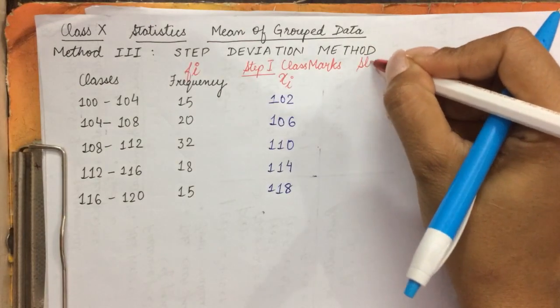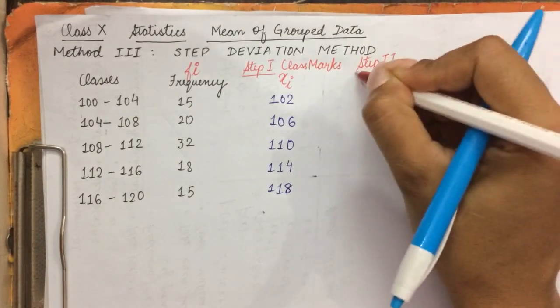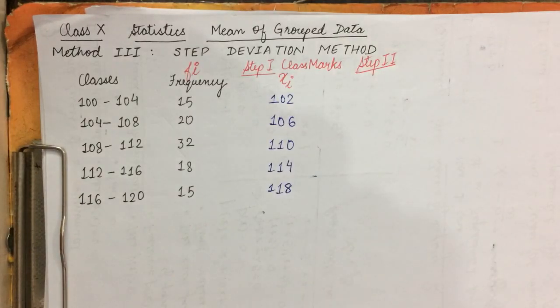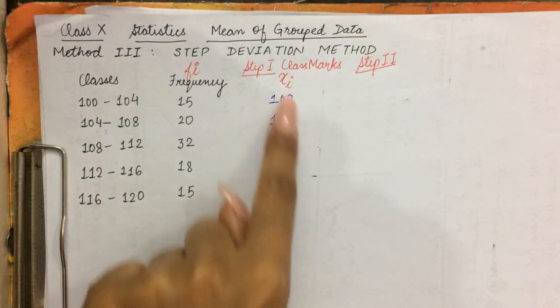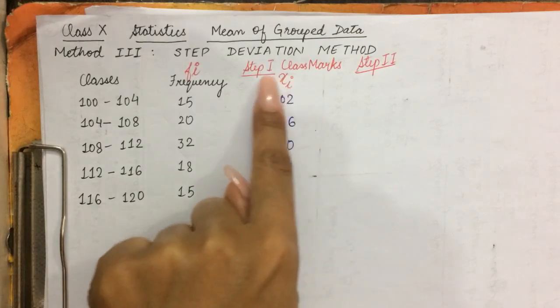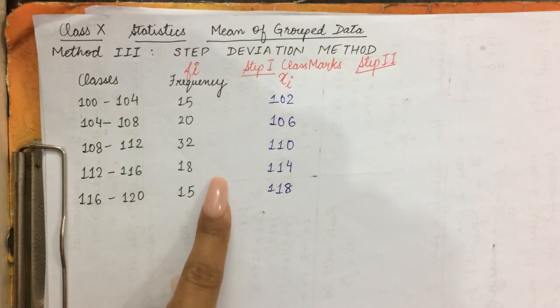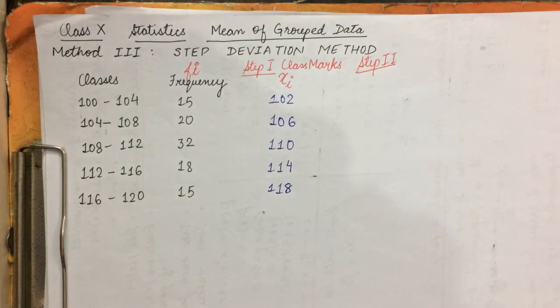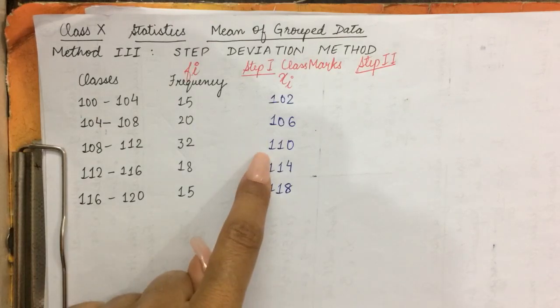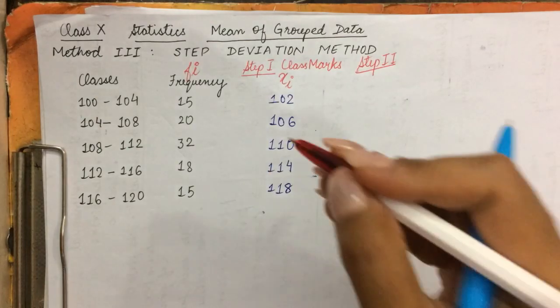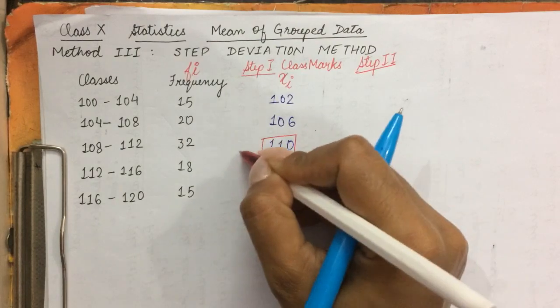We are not using the direct method, so I have to move to the next step, which is to find out deviations. So step number 2, I assume a mean, a value from the class marks is assumed as the mean, and then I find out the deviations of all these observations with the assumed mean. So let us say this is the assumed mean.